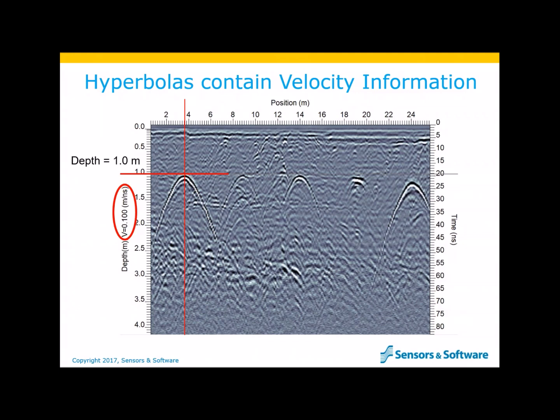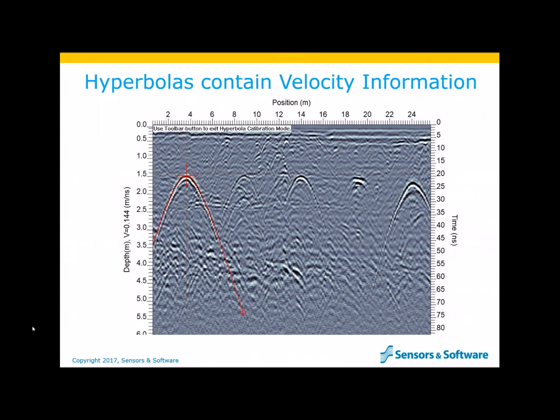If we check the depth of the leftmost hyperbola, it comes out to about 1 meter. Now, let's use that hyperbola to calibrate for the velocity. We fit the curve, and it turns out to be 0.44 meters per nanosecond. You can now see that in the depth scale. Looking back on the table from earlier, you'll see that this is the velocity of a very dry soil.